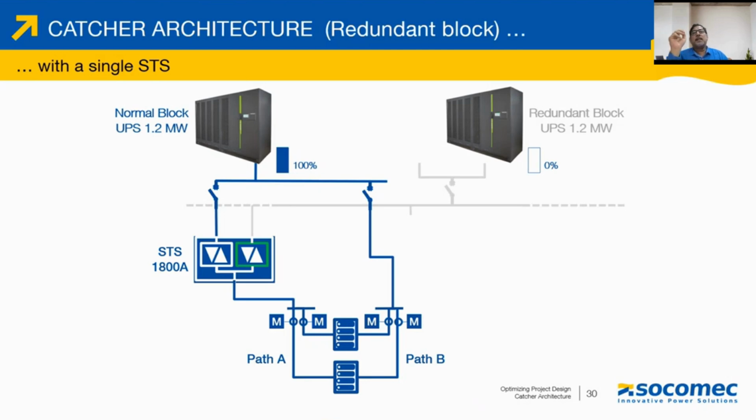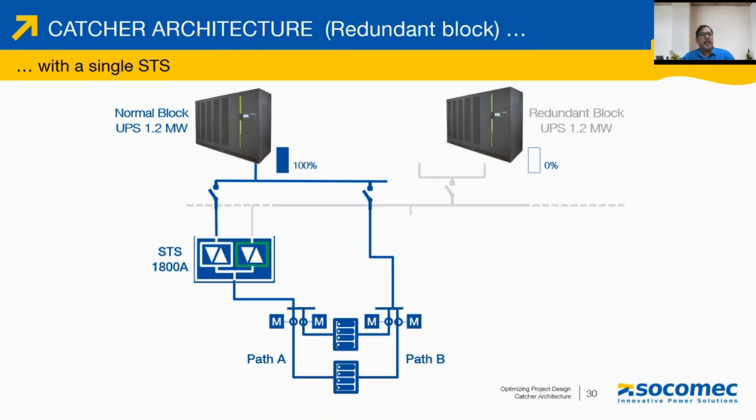Quite simple. The principal working of the STS and the catcher is known and explainable: in case of any downstream fault or any issues with the main source, it will transfer to the standby, right? But this arrangement will take care of any unforeseen faults within the distribution system that lies between the STS and the servers.